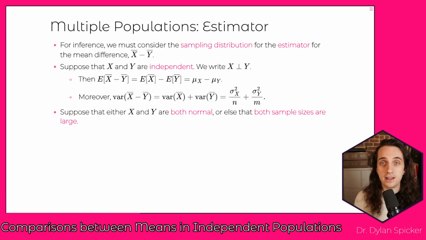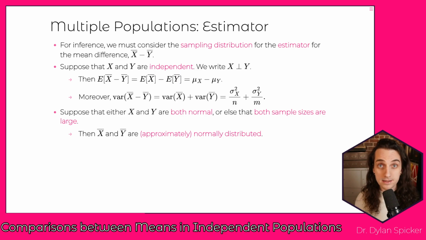Now, if x and y are both normal, or if both of their sample sizes are large so that we can apply the central limit theorem to the sampling distribution, then what we're going to be able to say is that the differences in them are also going to be normal. So x bar and y bar are both approximately normally distributed, either because the populations are normal or because there's a large enough sample size that we can use the central limit theorem.